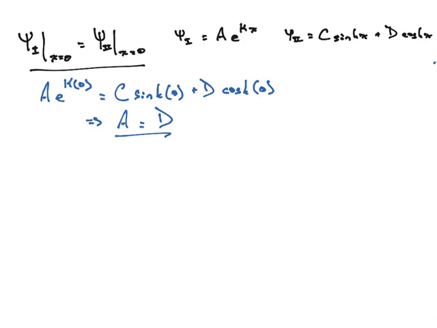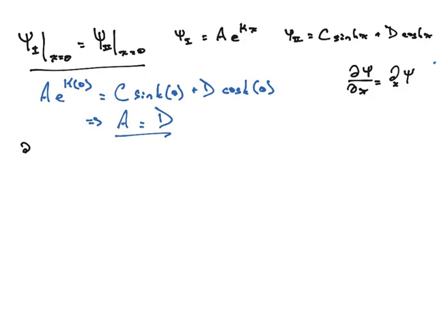Now I have the derivative. I'm going to use a little weird notation here. It's just what I'm used to, and I'm going to explain it to you. When I write the partial derivative of psi with respect to x, I can say it's the same thing as writing the partial with respect to x of psi.